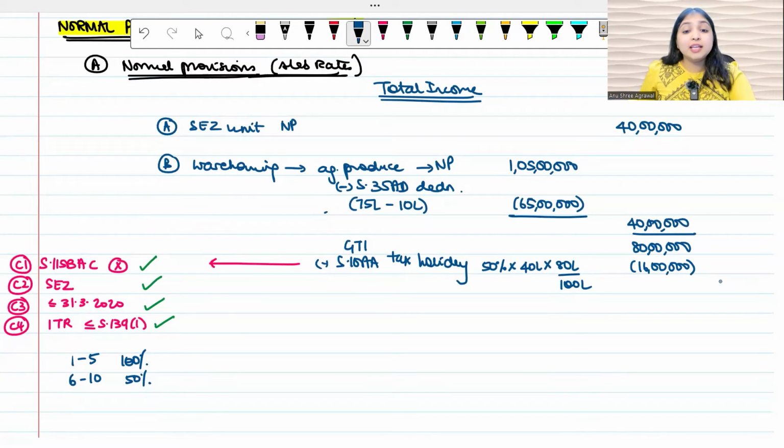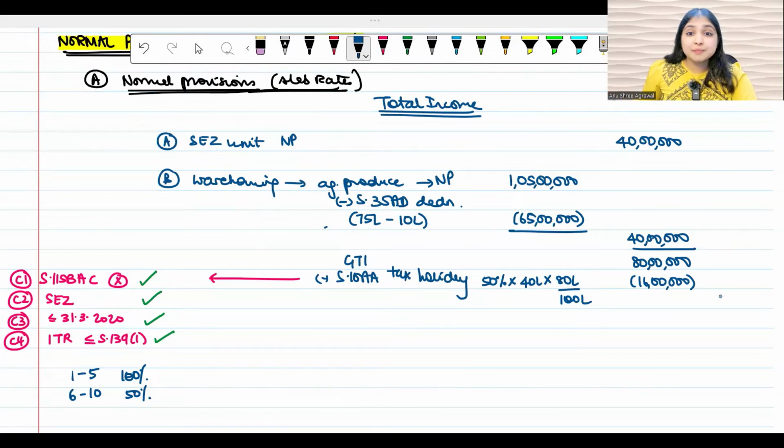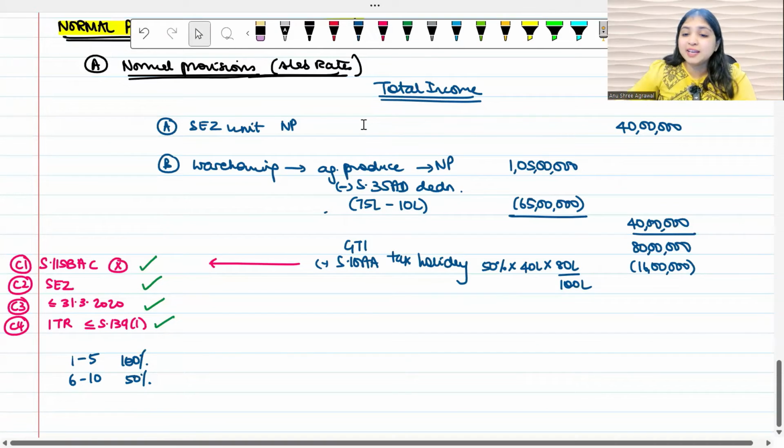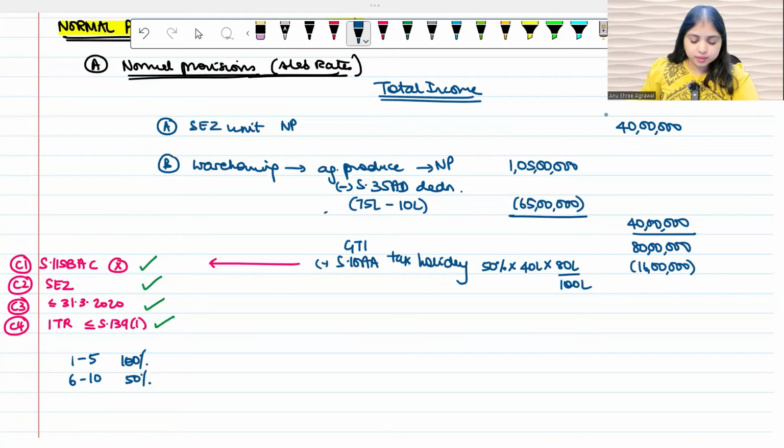Crystal clear. I'll give you one very quick summary. Under 10AA, if you want the tax holiday, you have to fulfill some conditions. Condition number 1: the assessee should first of all be opting out of 115BAC. If the assessee is going to follow 115BAC, I'm not going to give any 10AA deduction.